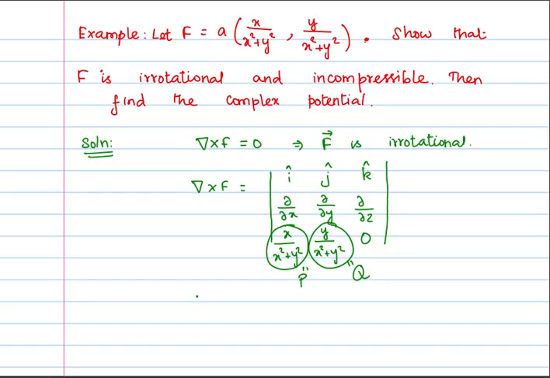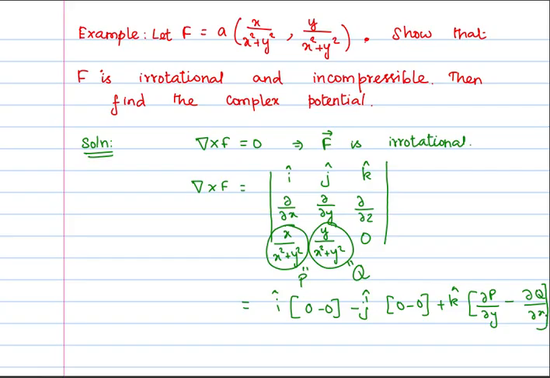Now we want to find i times, these are all independent of z, so this becomes 0 minus 0, minus j hat also 0 minus 0, but plus k hat times del P by del y minus del Q by del x.